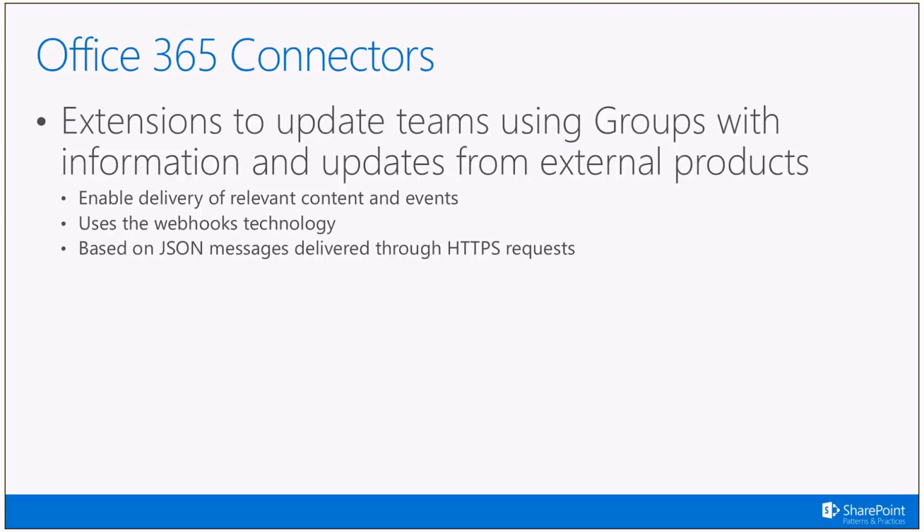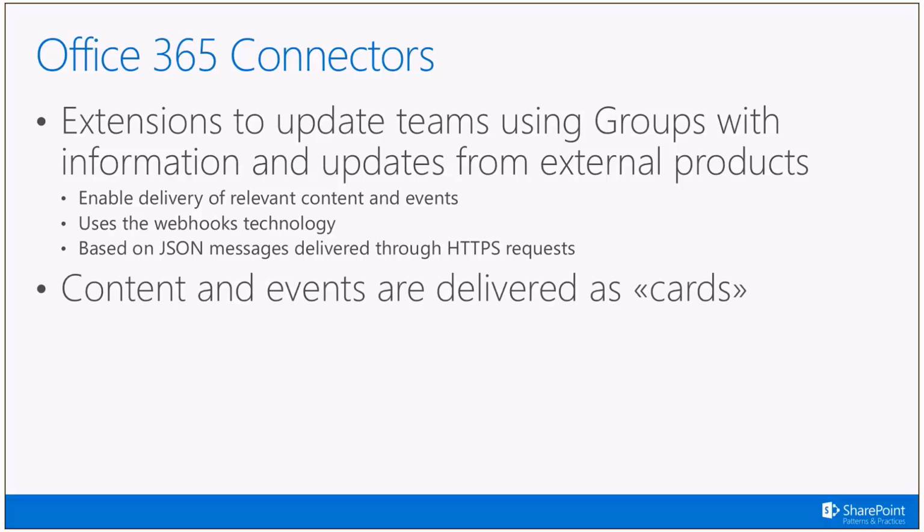They are based on the idea of using webhooks technology, which is a consolidated and well-known technology, often used in modern site development. And they are based on JSON messages sent over HTTPS against a target group.